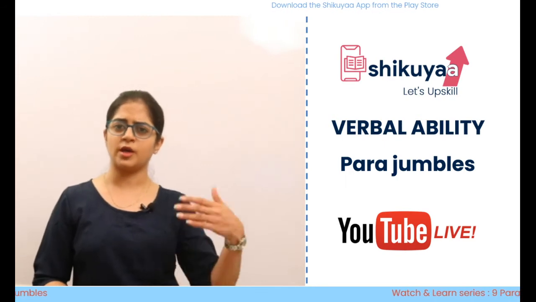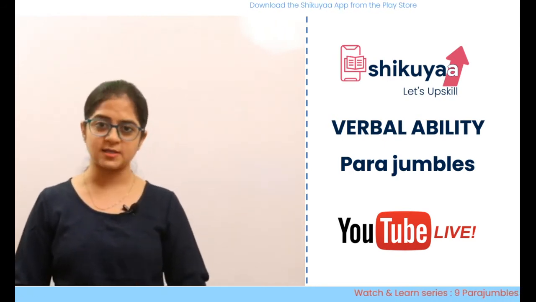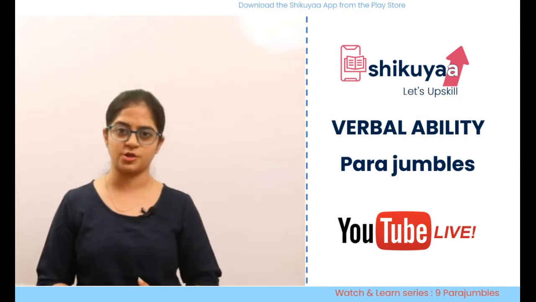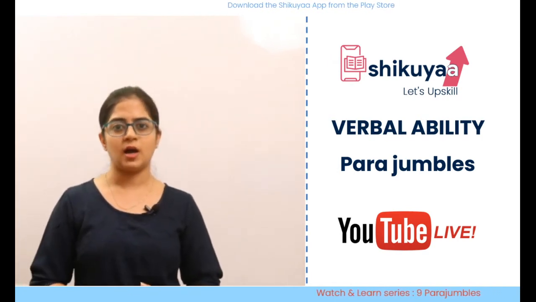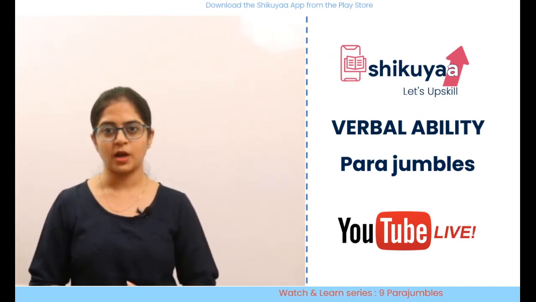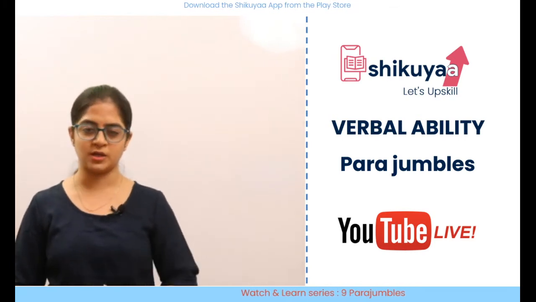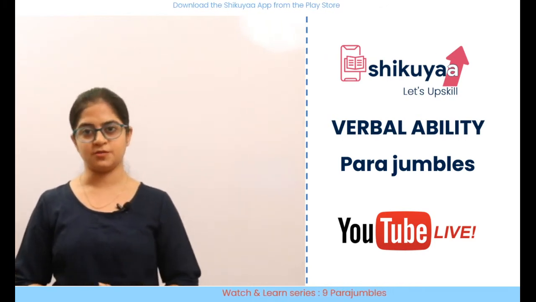When you go for masters, you will be appearing for a variety of tests. There you will witness this kind of question, as well as in your aptitude test when you appear for campus recruitment, right? So this is really an important question you will be witnessing in your competitive test.